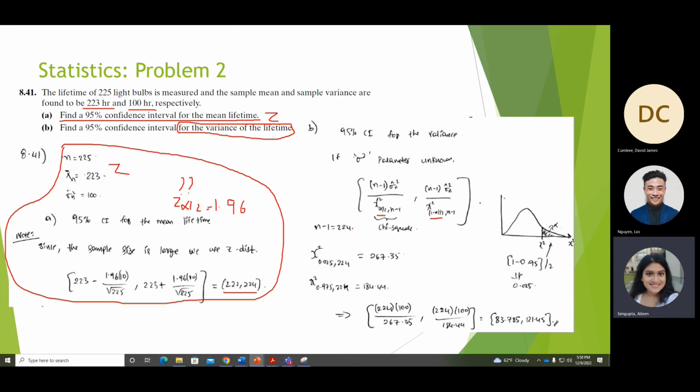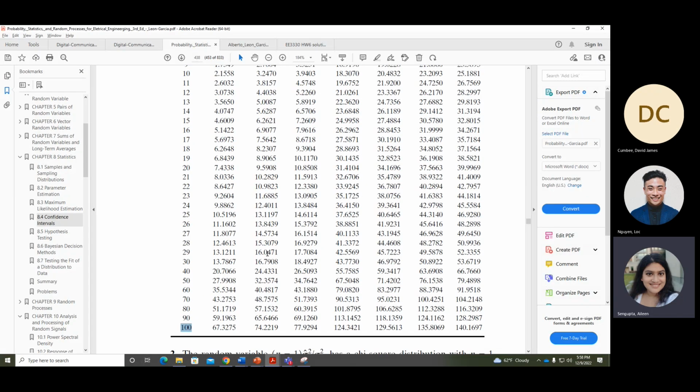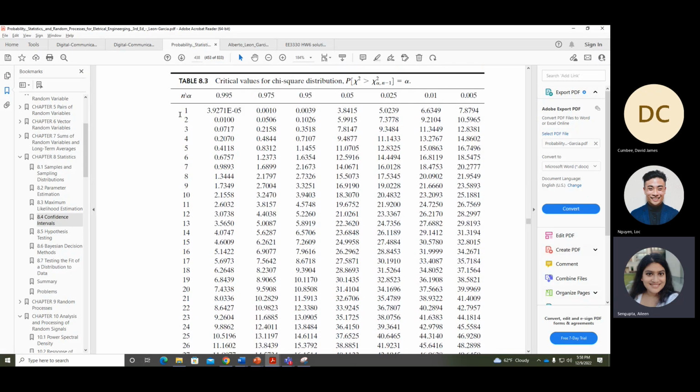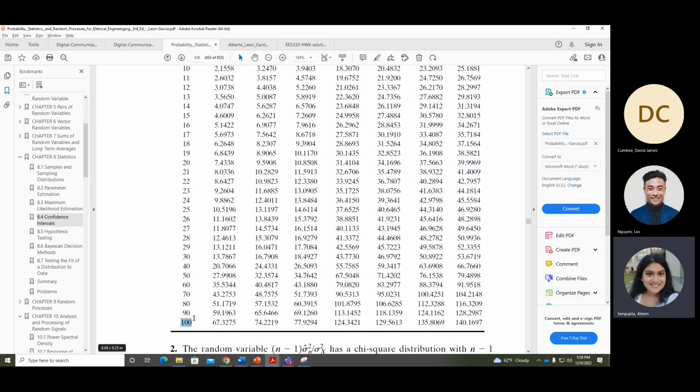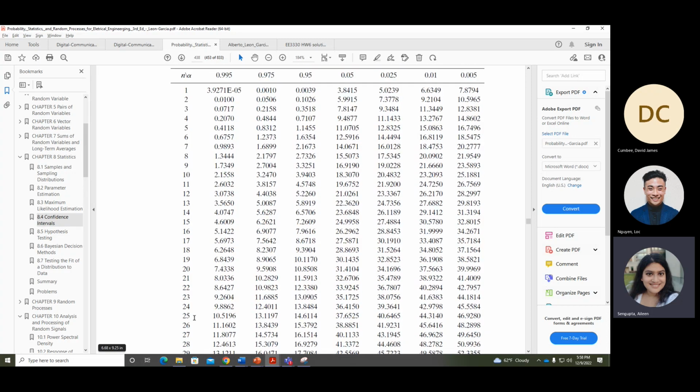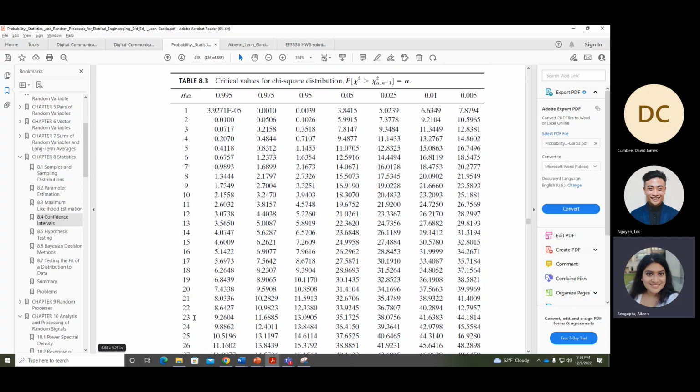So for 0.025, so alpha by 2 is 0.025, right? And comma 224, you don't have anything out here, right? Like, what are you going to find out? Like, this is n and alpha, right? So n and alpha, this range is not suited for that. So then what do you do?